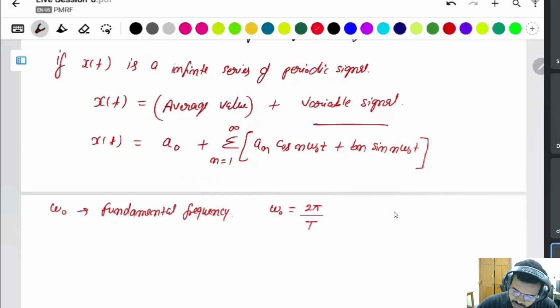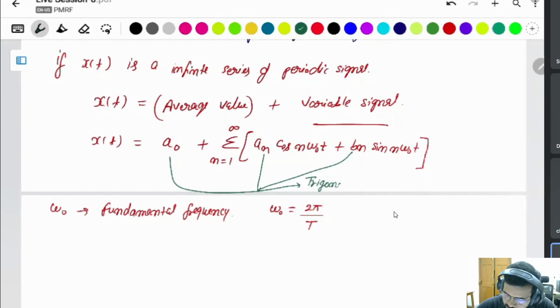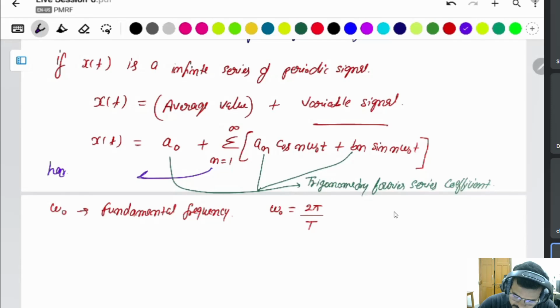These three, a naught, a n and b n, are known as the trigonometry Fourier series coefficients. N represents the harmonics present in the signal.